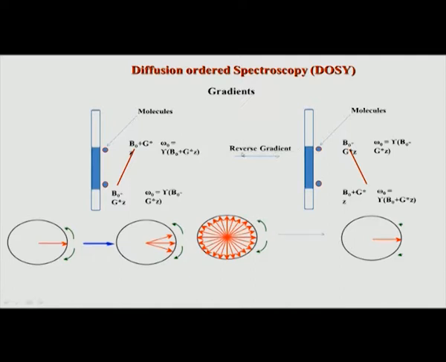Here it was B0 plus Gz, now the top part of the sample becomes B0 minus Gz and the bottom part has plus Gz. So, you see now the precessional frequency has completely reversed. Whatever was B0 plus Gz, now it is B0 minus Gz.